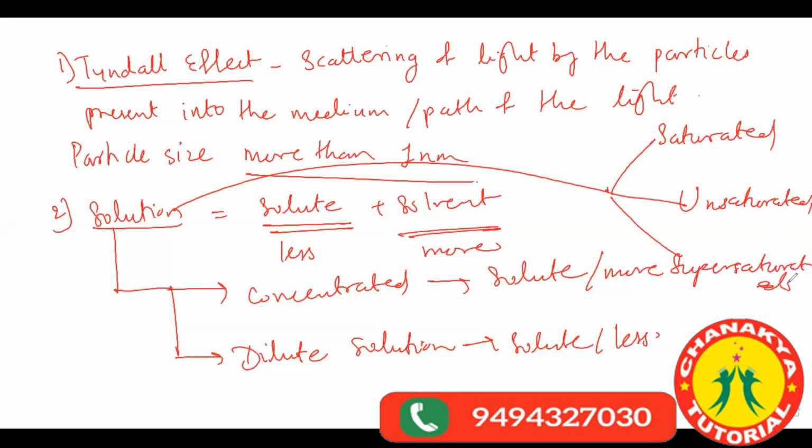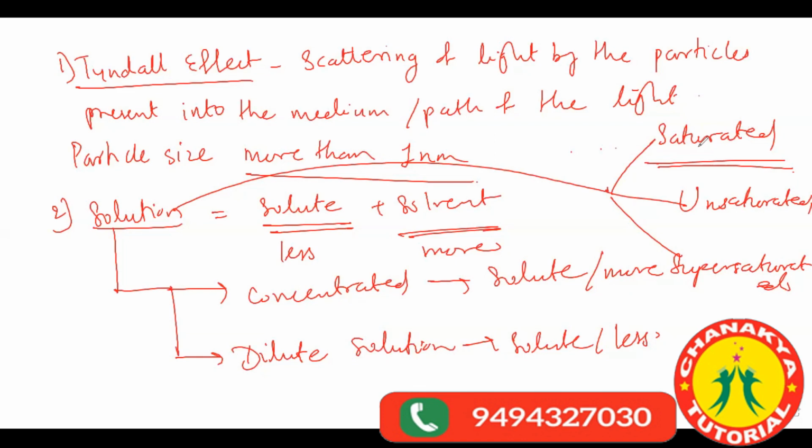Okay. Now see, saturated solution means what? When no more solute can be dissolved in solution at a given temperature, it is called saturated. If temperature increases, solubility increases. Keep it in your mind. When no more solute can be dissolved into the given solution at a given temperature, it is called a saturated solution.